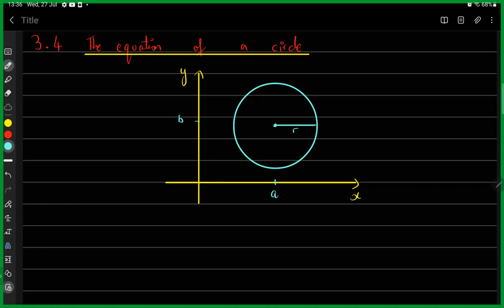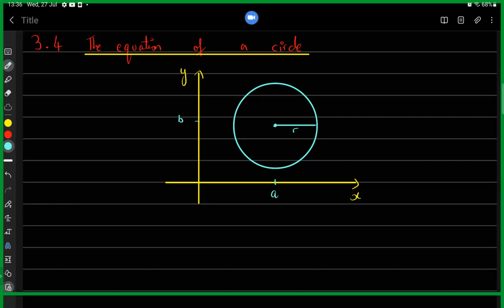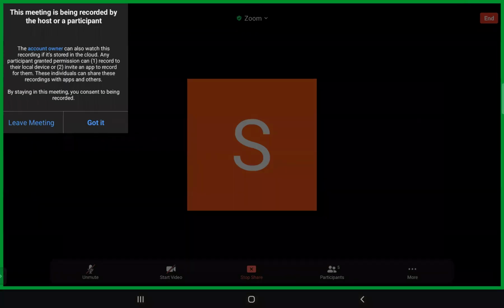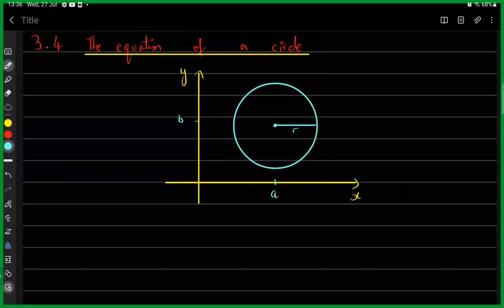So always remember, when we talk about straight lines, we talk about its slope and we talk about its intercept. And then when we're talking about a straight line, in the point slope form, we're talking about a point on the line and its slope. Okay.